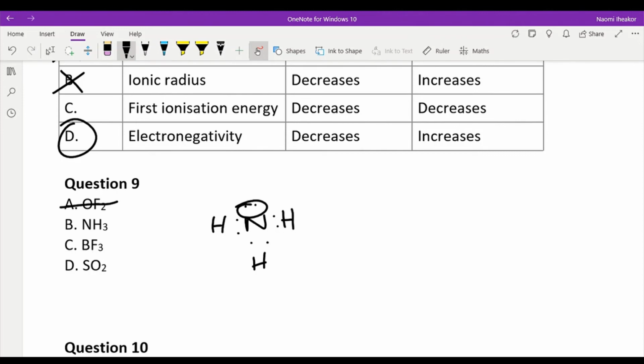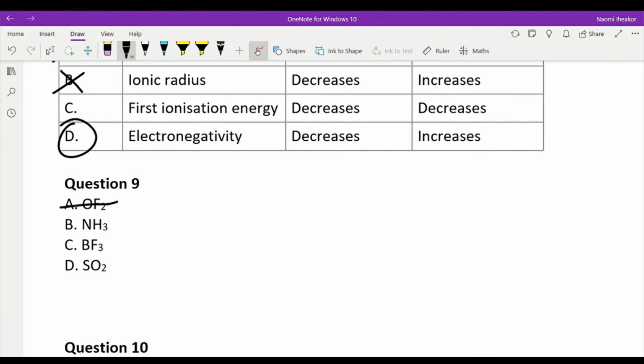So if we think about it sort of like a pyramid where we have nitrogen on top and hydrogen out like this. Nitrogen is more electronegative, so pretty much all our electrons are going to be pulled that way, leaving a slight negative charge up here and slight positive down there. That's definitely polar. So B cannot be the correct answer.